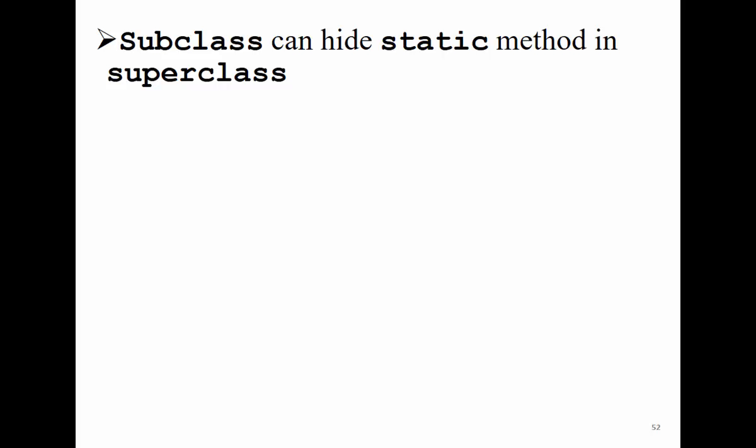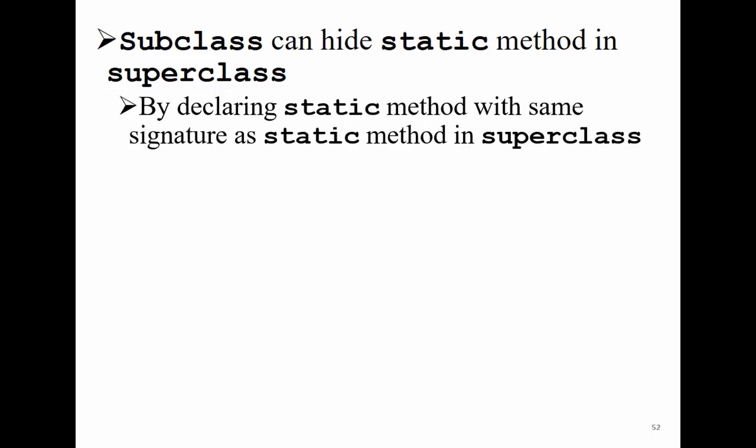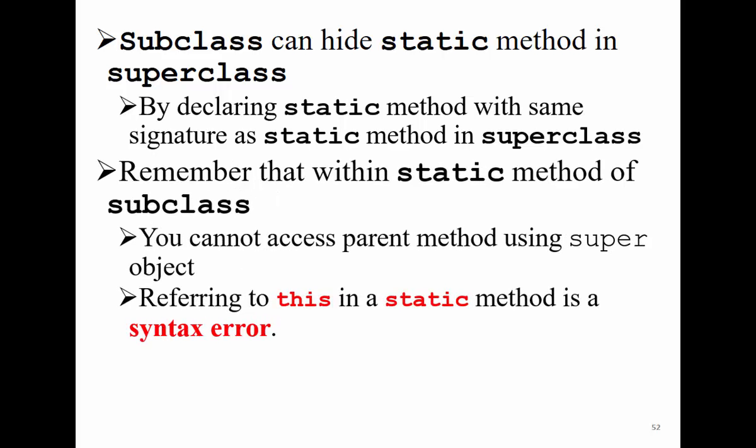So the subclass can hide the static methods inside the superclass by declaring the same static methods, with the same name and the same signature. That means you hide it. The same thing we did with the static fields.